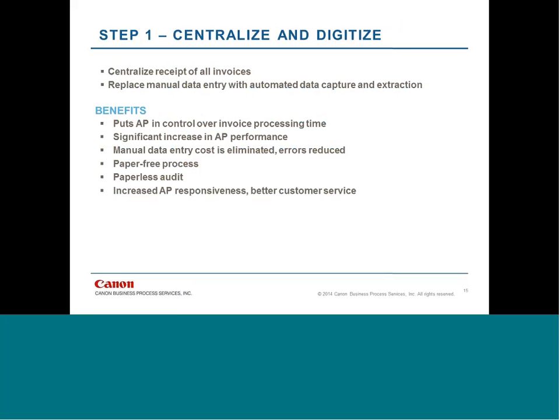Brian? Okay, thanks, Ted. So let's talk a little bit more about what we mean by these 3 steps. The first one, of course, is centralizing and digitizing your invoice ingestion process. As I mentioned, this lays the groundwork, the foundation for future process improvements down the road. What this means is that you've got everything in one place.